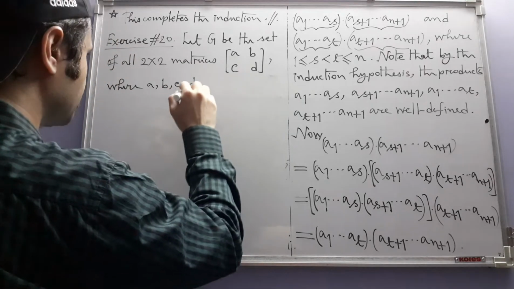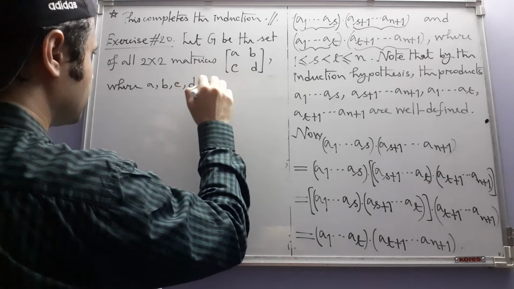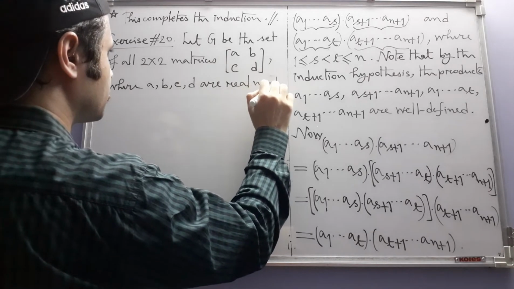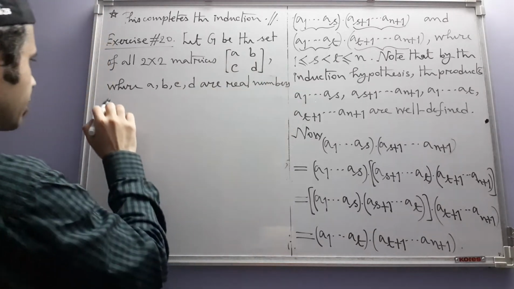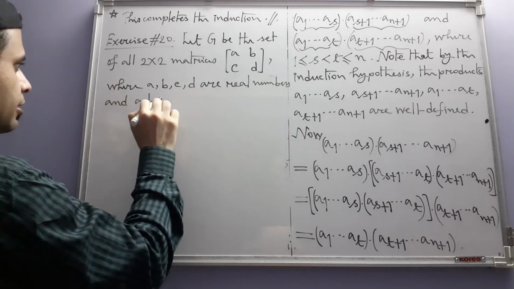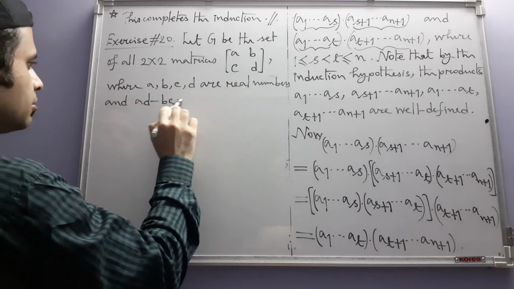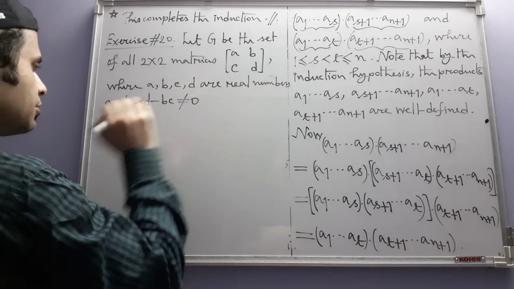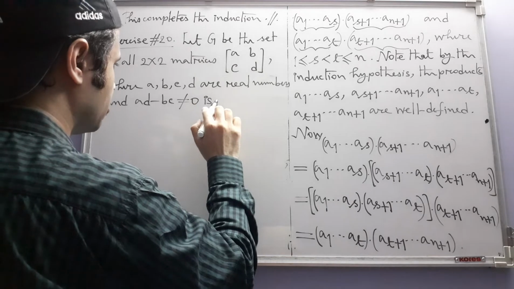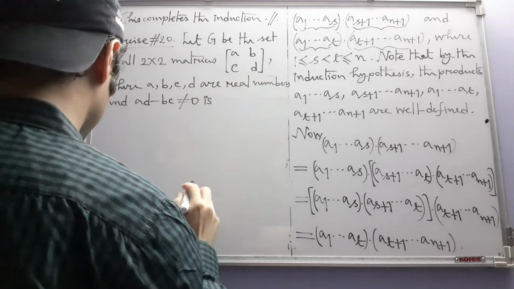Will make it more clear, A, B, C, D are real numbers and AD minus BC is not equal to 0, but additionally it is also a rational number.